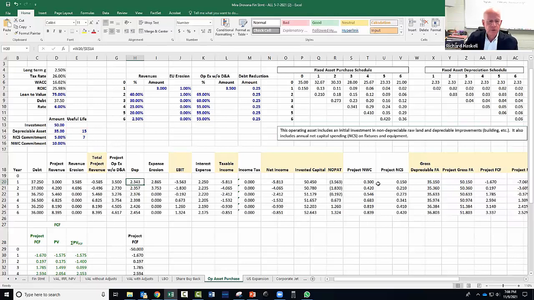Let's go a little bit further then and see what else we've got going on here. So we had 2.343 versus 2.35 if we add that up. So that's a little bit of a difference. 2.35, the sum of 2.33 plus 0.02, would be the depreciation that I calculated for that year.